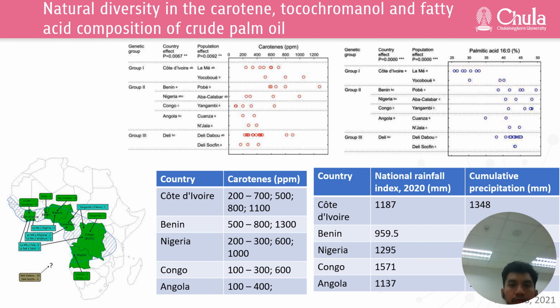And yeah, they found diversity in components: in carotenes, in the fatty acid composition, such as palmitic acid and others, and in tocopherols, within the different places, different origins, and different breeding species or genotypes.